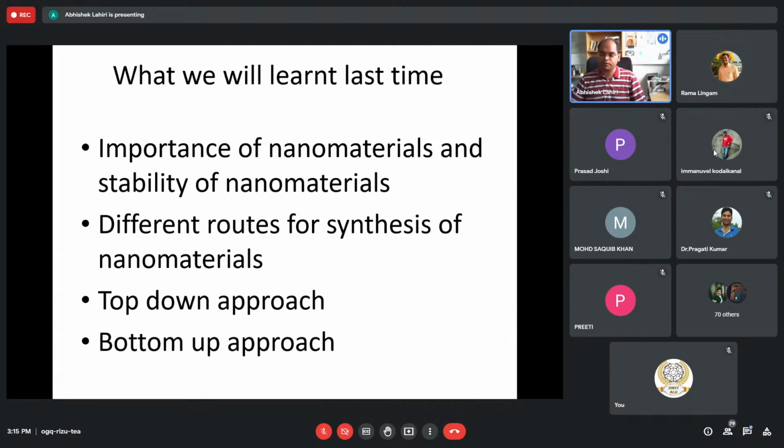In the top-down approach, we briefly looked into lithography, focused ion beam lithography, and nanomanipulation using AFM and STM techniques. We gave a brief introduction to the bottom-up process and the different bottom-up approaches being used. Today we will continue with another top-down approach, which is based on exfoliation.